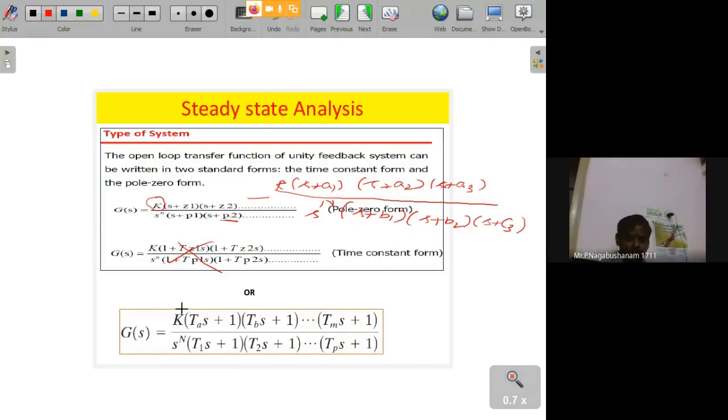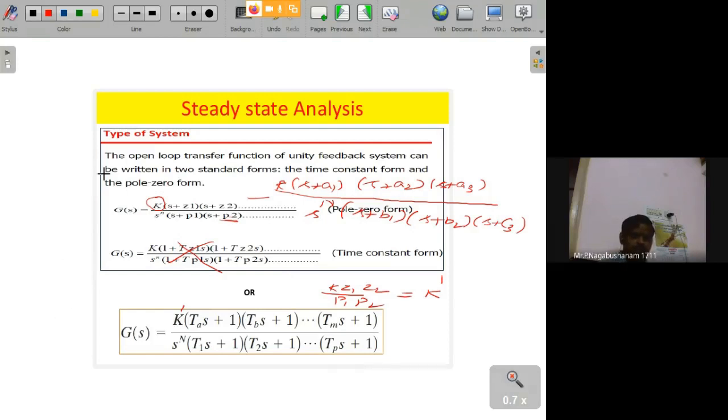If you take P1 outside, P2 outside, then again 1 plus. So the time constant form will be like this; you can use either one. Time constant form is 1 plus something, 1 plus something, whereas pole zero form is S plus something. If you take Z1, Z2, P1, P2 outside, then K becomes K dash. That means it is a constant: if you multiply K with Z1, Z2, P1, P2, you get some other constant, K dash.